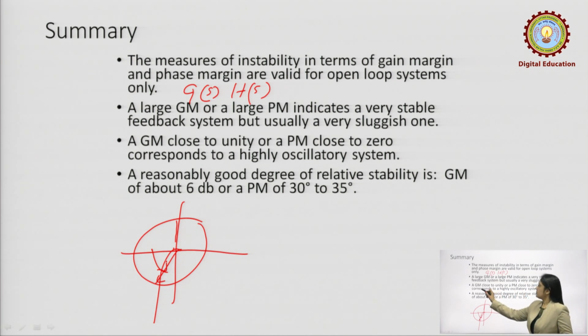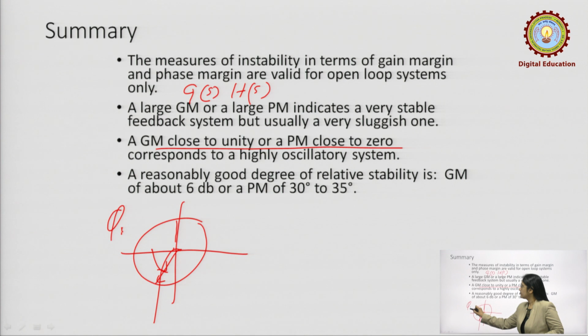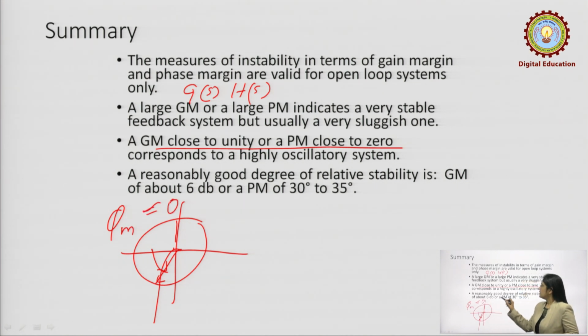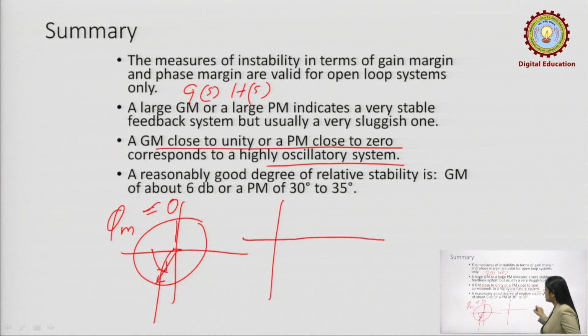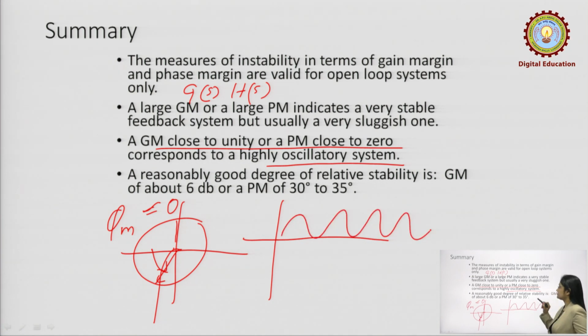A gain margin close to unity or a phase margin close to 0, that is φm almost equal to 0, corresponds to a highly oscillatory system, because the response of a marginally stable system is highly oscillatory.